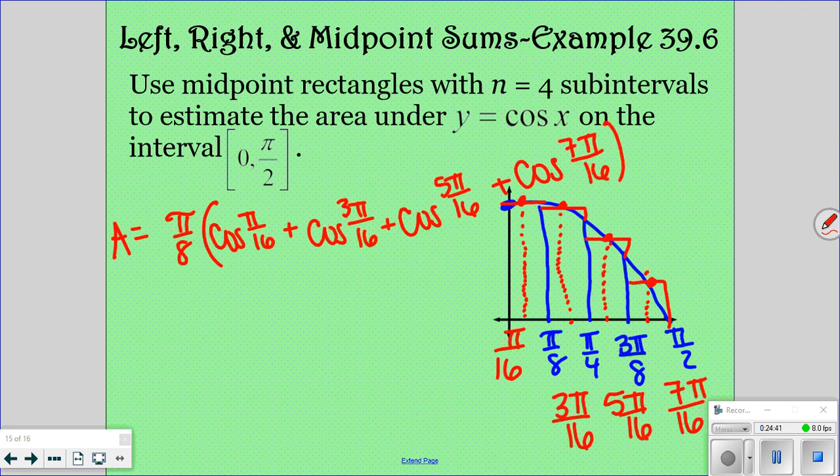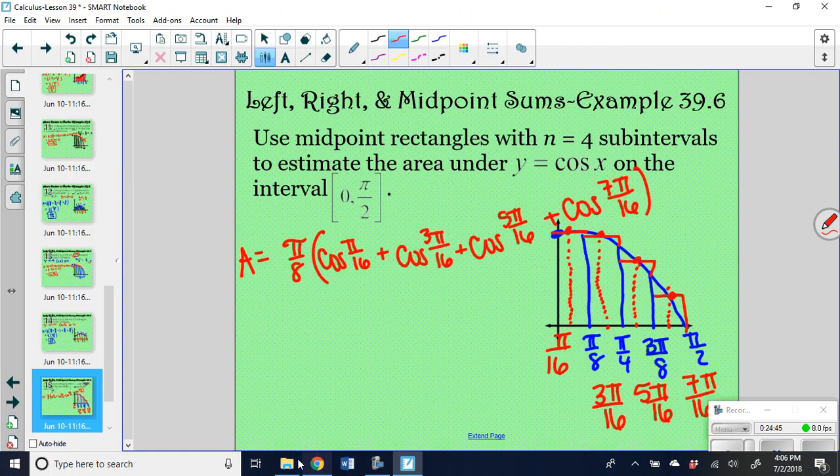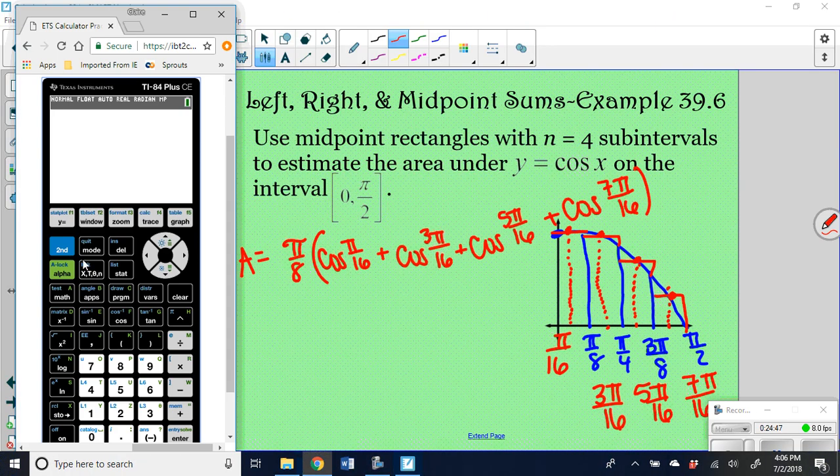And so we're going to use our calculator to plug that in because we don't know what the cosine of those values is. So you need to make sure you're in radians. So I'm going to do pi/8 times cosine of pi over 16.